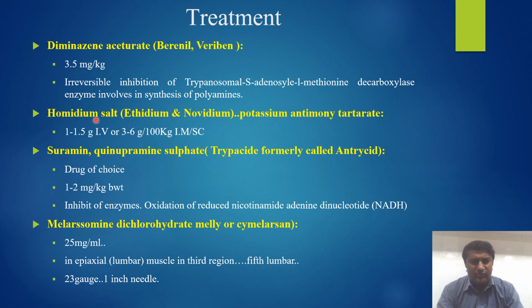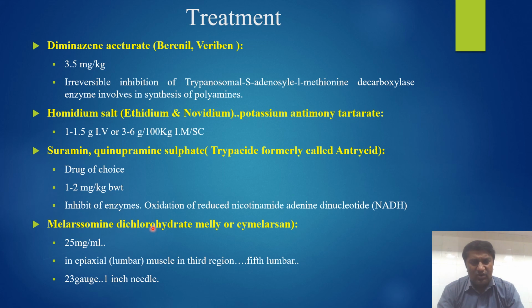The next one is the ammonium salt, available as ethidium or novidium, and potassium antimony tartrate, 1 to 1.5 gram intravenously, or 3 to 6 gram per 100 kg intramuscular or subcutaneous. Suramin, quinapyramine sulfate, and Trypacide, formerly called Antrycide, is the drug of choice, 1 to 2 milligram per kg body weight, inhibiting enzymes and oxidation of reduced nicotinamide adenine dinucleotide, NADH.